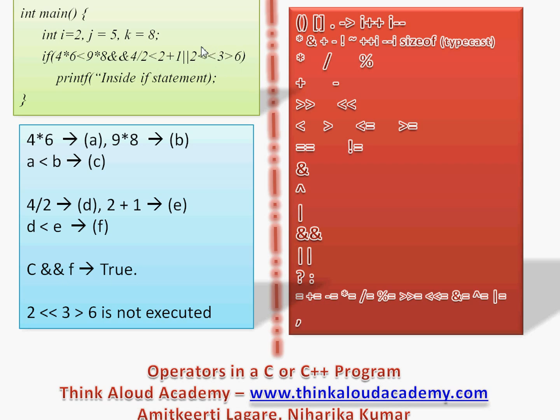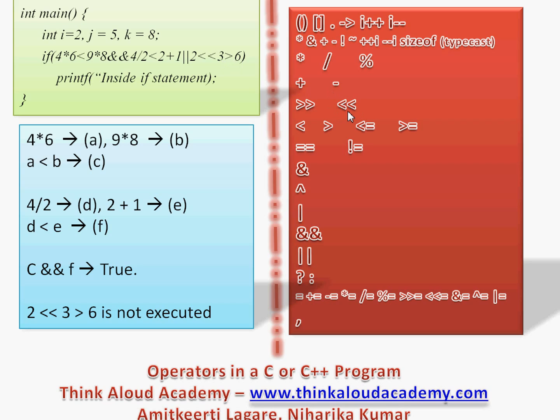So the second part never gets evaluated. We skip the second part because the OR operator works in such a way that if one of the operands is true, the second operand does not get evaluated. So this whole thing gets evaluated first. If this was false, then the order of evaluation would have been 3 is less than 6 evaluated first. Oh no, sorry.